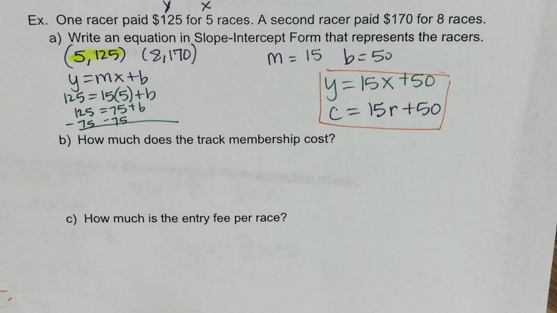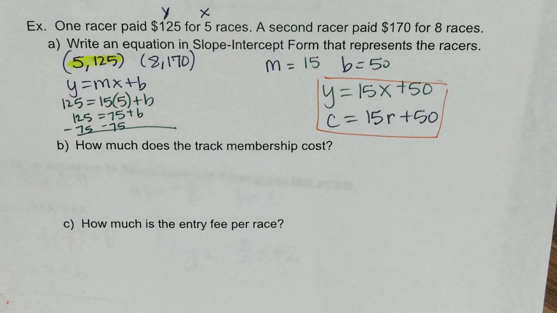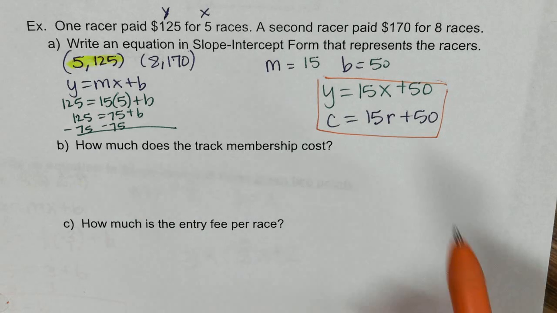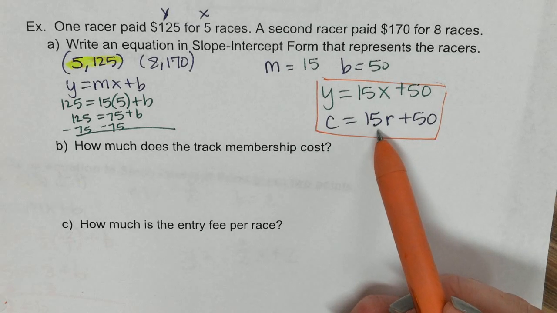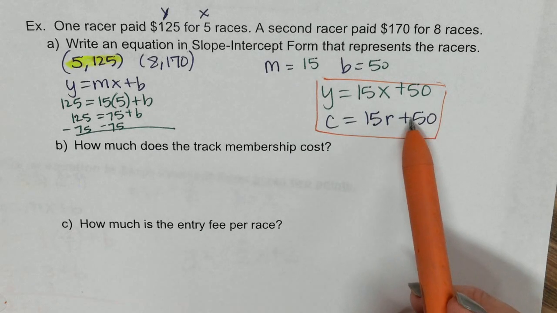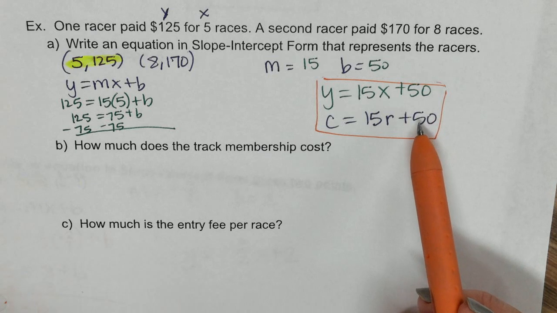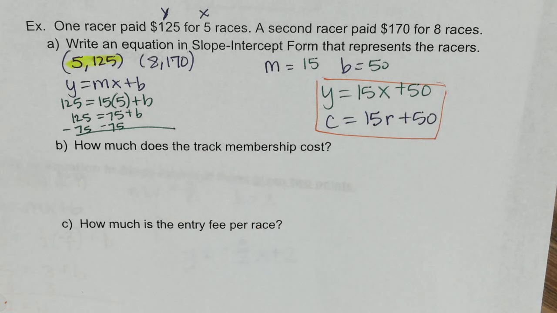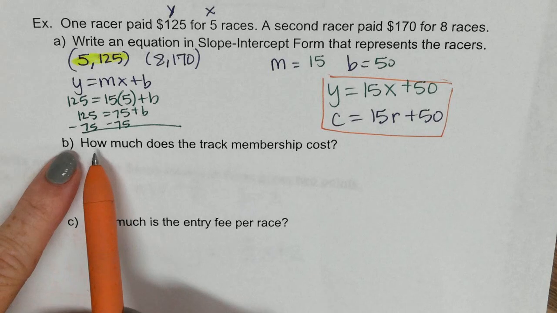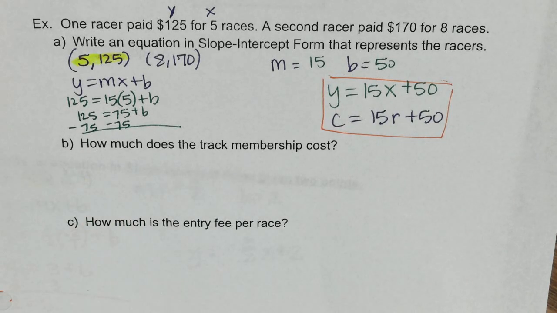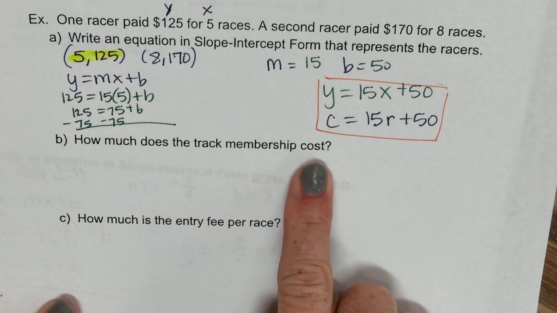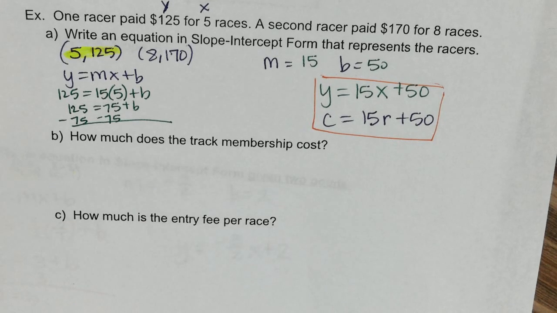Now let's see what they're asking for part B. Part B says, how much does the track membership cost? They're asking you to interpret slope and y-intercept. Slope means how much it costs per race. What is this going to be? The one-time fee. Don't you think that's a membership fee? So what they're asking for here is that you understood that the membership cost is the one-time fee.